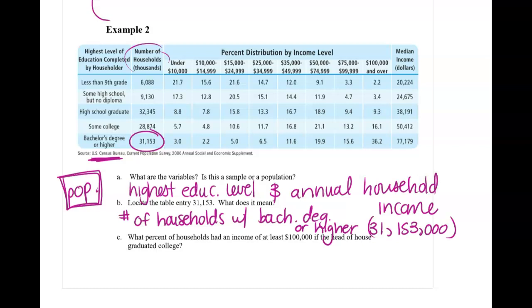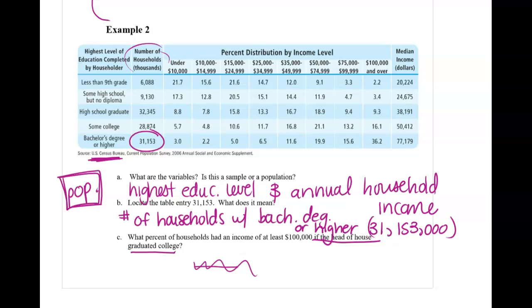And then what percent of households had an income of at least $100,000 if the head of house graduated college? So if the head of house graduated college is going to be like our total that we're looking at. So head of house graduated college, we're assuming graduated as bachelor's degree or higher.